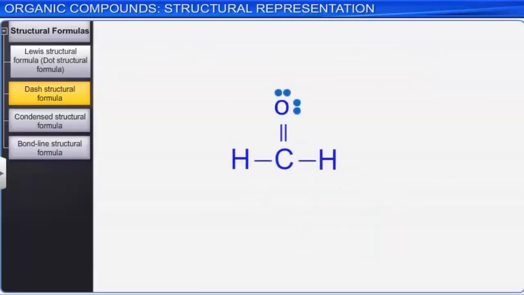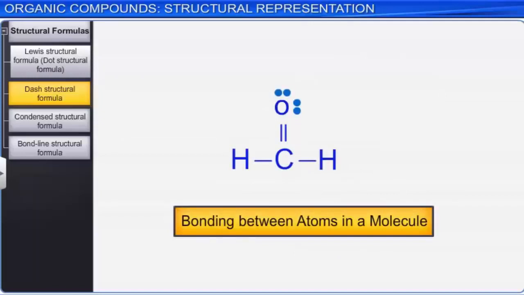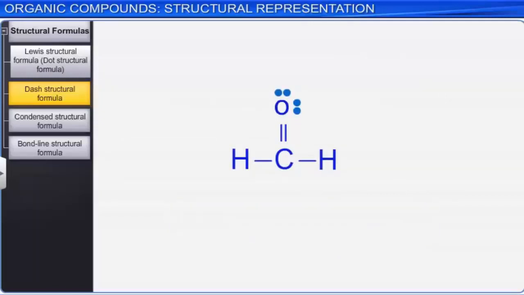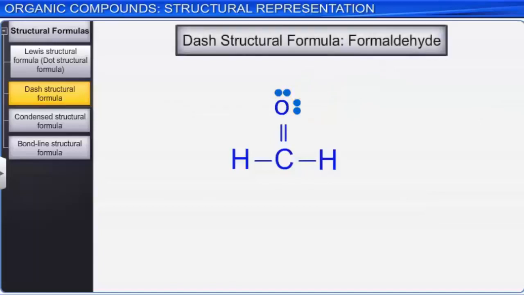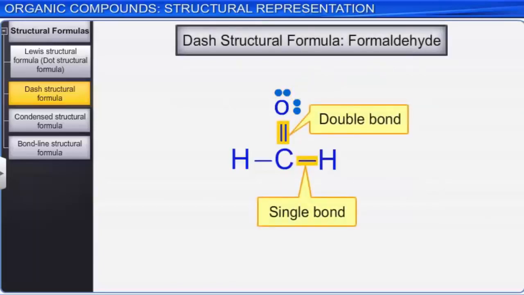This structure represents the bonding between atoms in a molecule and also shows the presence of lone pairs present on the atoms, if any. This structural formula shows the arrangement of atoms and the type of bonds present between the atoms in the molecule.